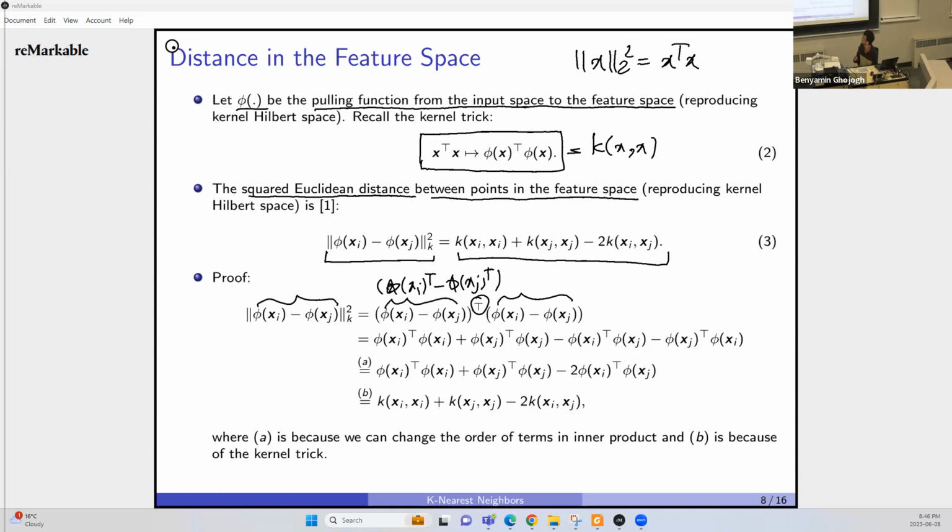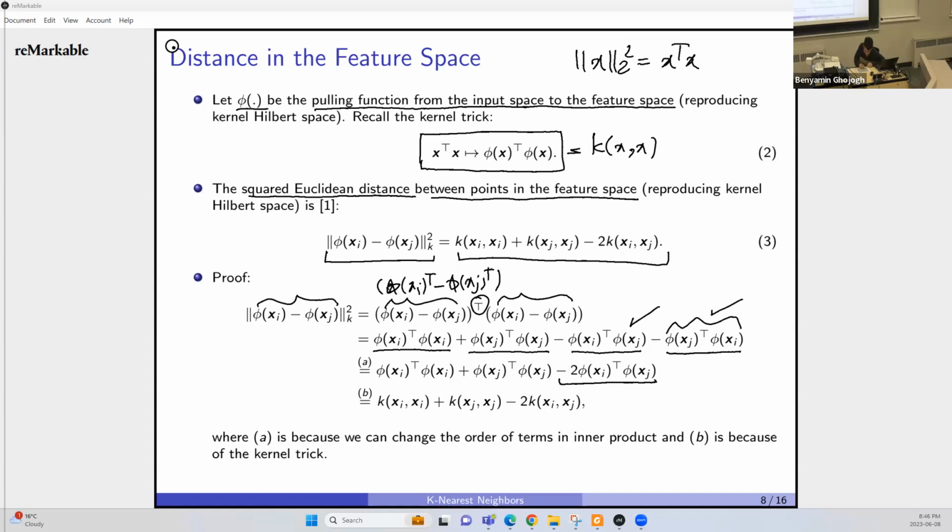And then I multiply the terms by each other. I'll have phi xi transpose phi xi, plus phi xj transpose phi xj, minus phi xi transpose phi xj, minus phi xj transpose phi xi. This is an inner product, a scalar. I can change the order. Therefore, these two become minus 2 phi xi transpose phi xj.